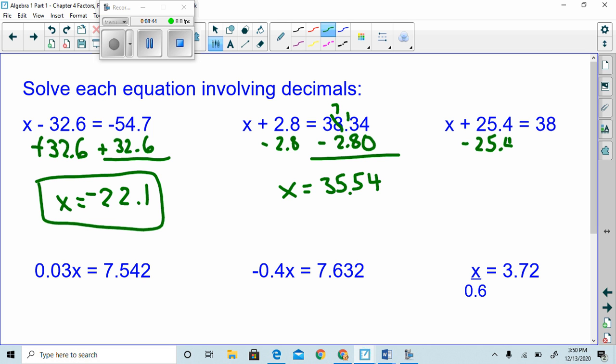Let's subtract again. Now there's no decimal in this one, which means that the decimal is at the end of the number. And it's important that I put that because I need to be able to regroup here and subtract that 4/10. And I'll see that I have x is equal to 12 6/10.